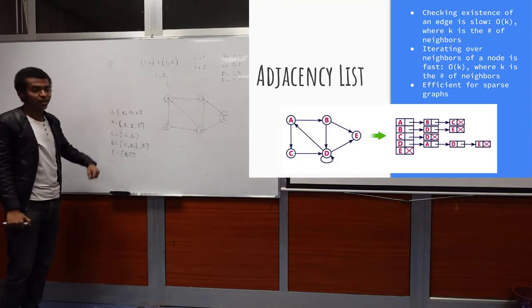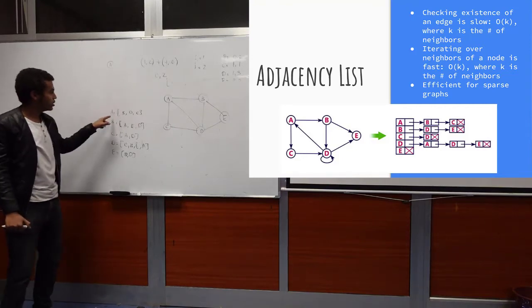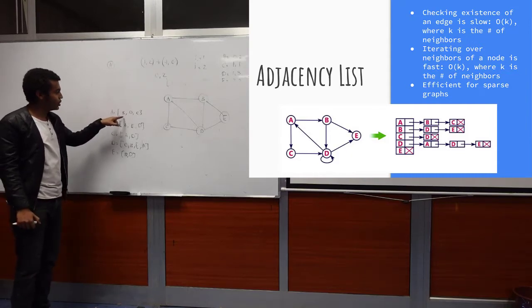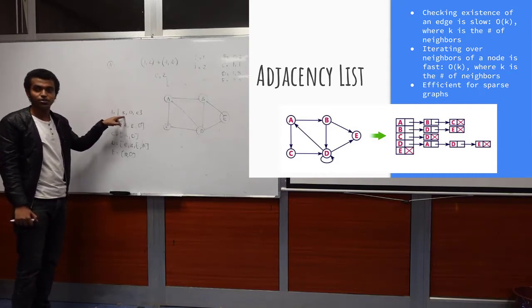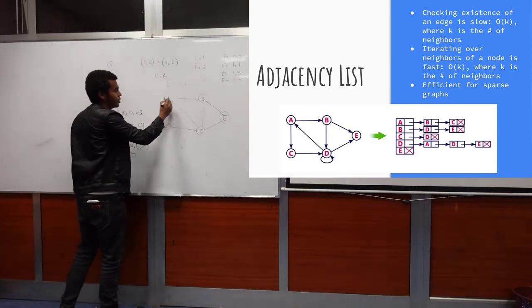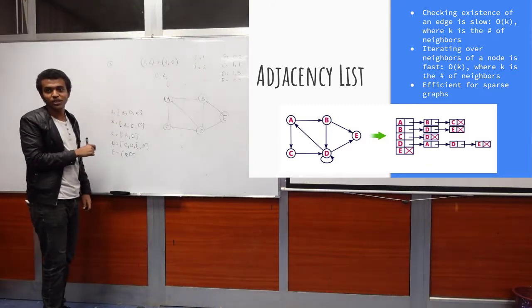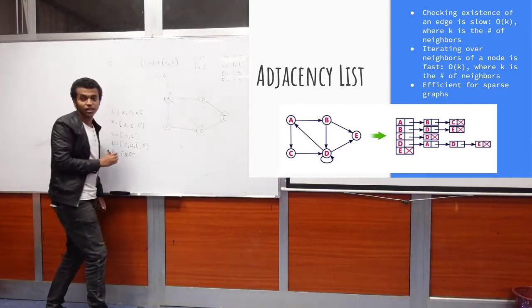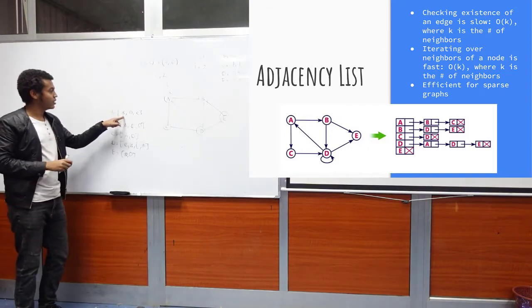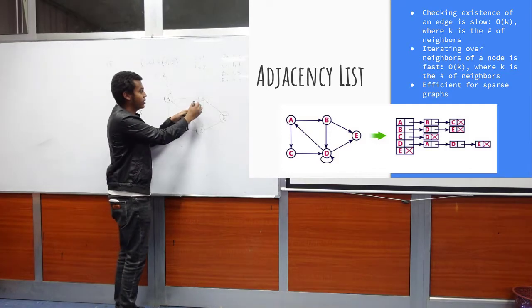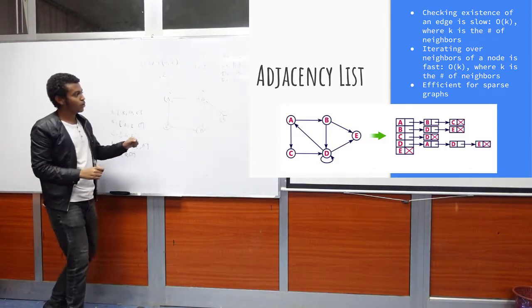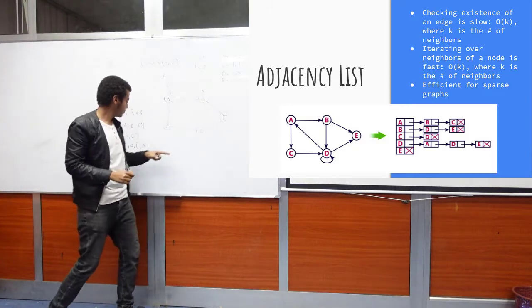But we choose another vertex from the neighbors of A. So let's say we choose the first one, B. Now let's mark the ones that we have seen. We have seen A because we started from it. Next we chose B, and then we go to B. Let's mark it. So now we choose from these neighbors.